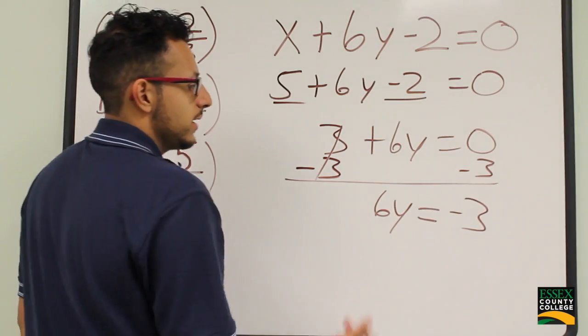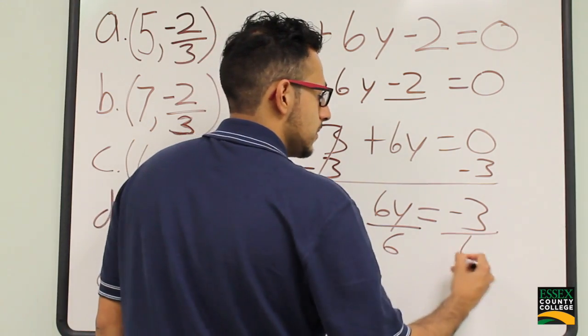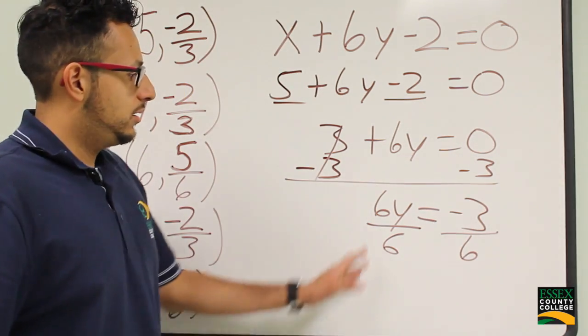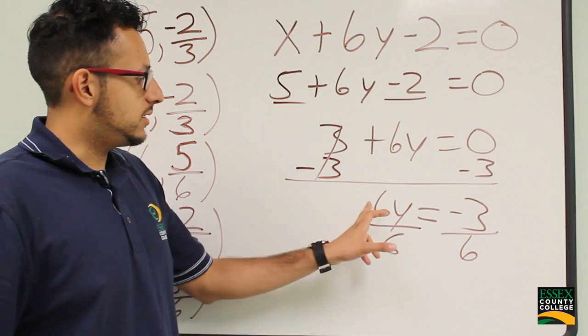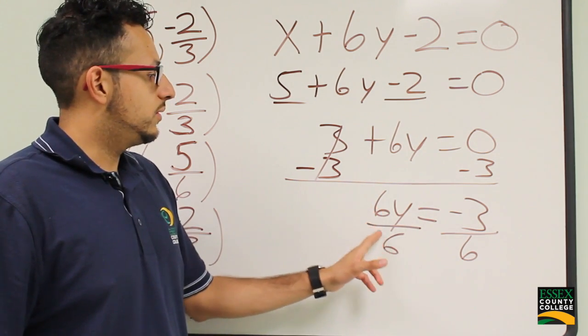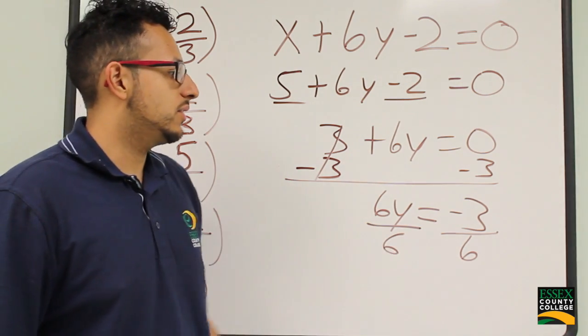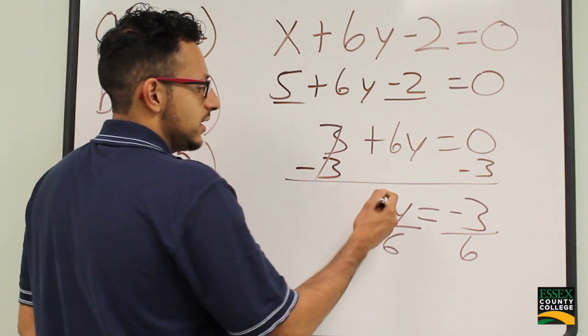Now I have to solve for y. I have to divide by 6 to both sides. I divide by 6 because this is 6 times y. In order to get rid of 6, I have to divide, which is the opposite of multiplication. So what I do on one side, I have to do the other side. So 6 divided by 6 is 1.